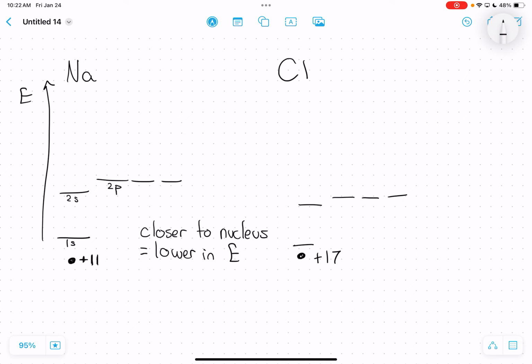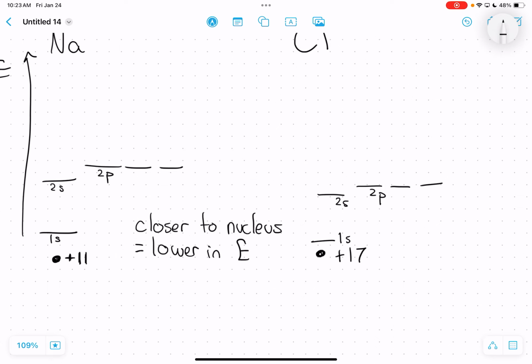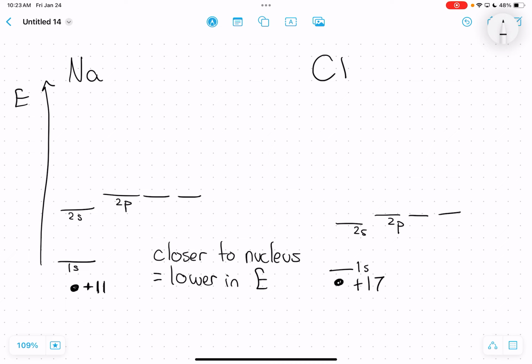Okay, it's like literally thinking of the nucleus of chlorine is stronger because it has a greater positive charge. So when I draw them, I will usually try to draw them slightly closer. Even though it's a 2s and a 2p, the 2s and 2p are slightly closer in chlorine than they are in sodium. Okay, and then we keep going.